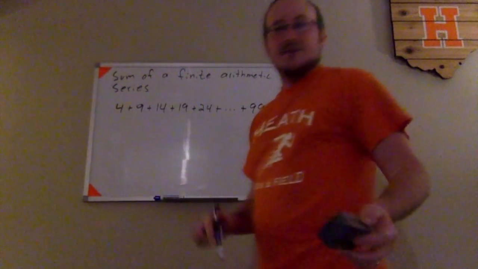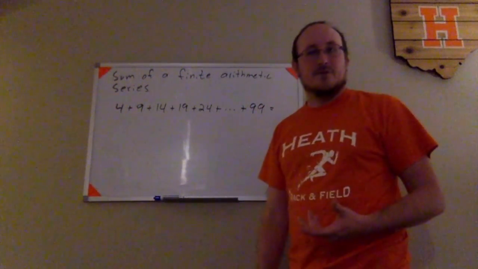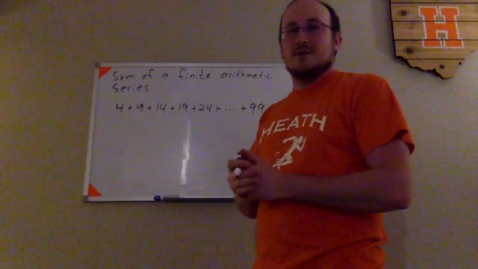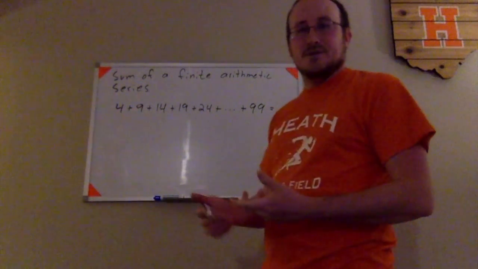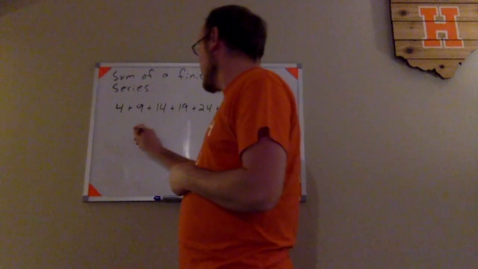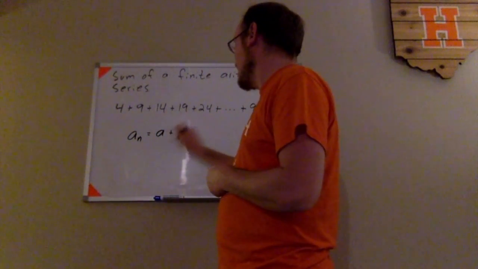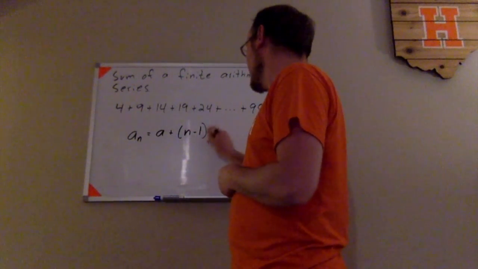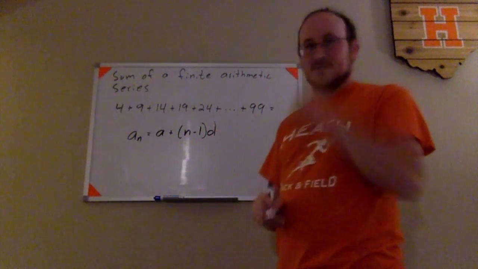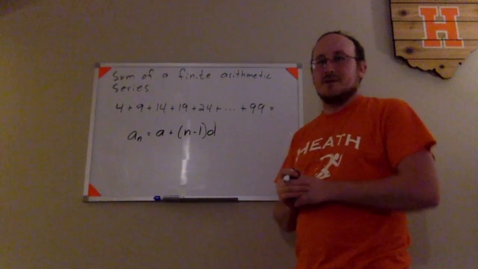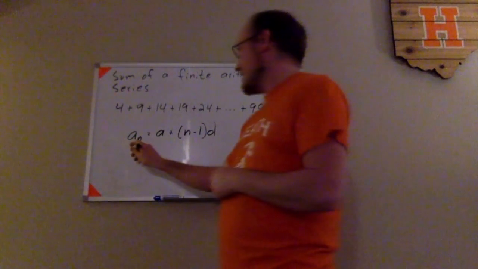It comes down to writing the explicit formula for an nth term like we did when we talked about arithmetic sequences. We had that a sub n is equal to a plus n minus 1 times d, the common difference. So let's write that explicit formula.